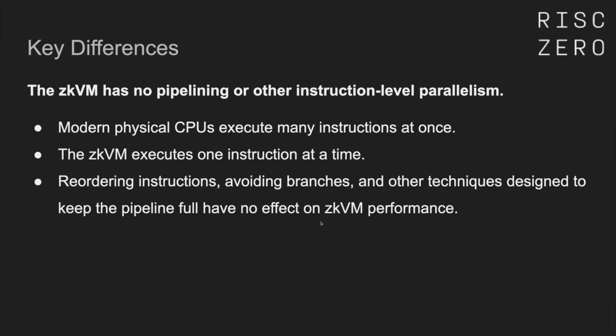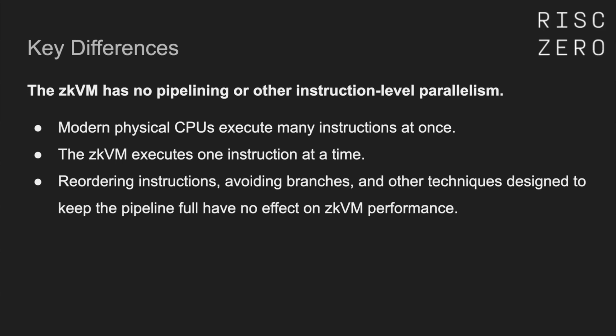Another angle on this is that the zkVM has no pipelining or instruction-level parallelism. Modern CPUs are designed to execute many instructions at once. You might have an ALU that can handle, let's say, 16 additions at once, and it might be running multiple instructions of your program at the same time.